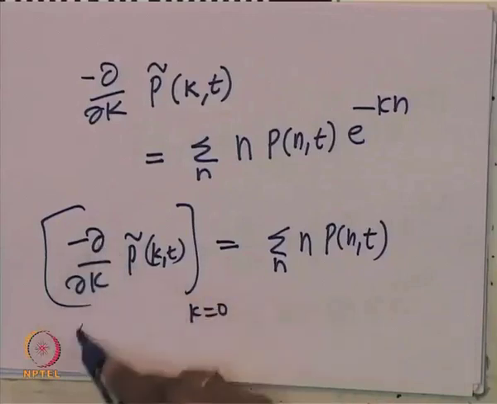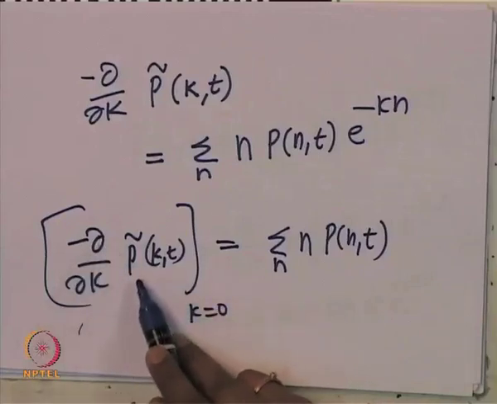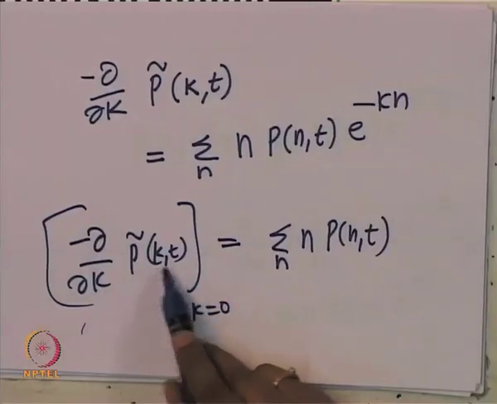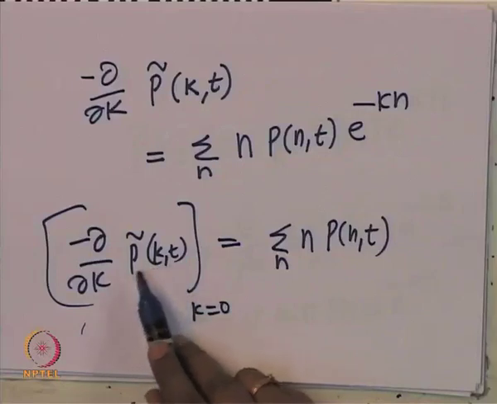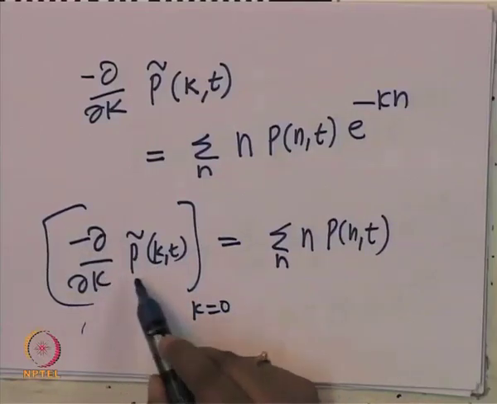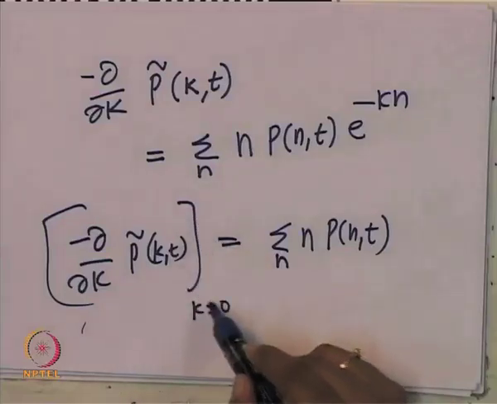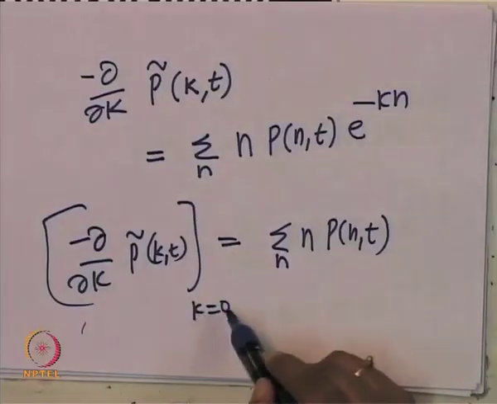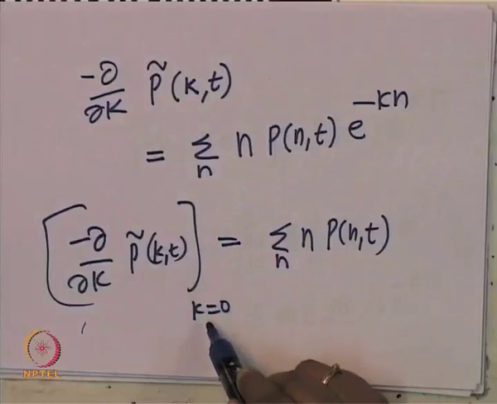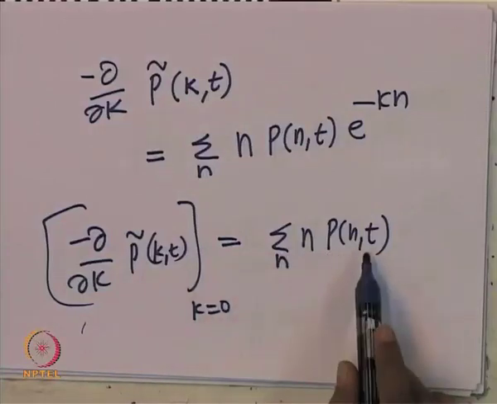So, minus del by del k of the transformed version of the probability. If you find the derivative with respect to k of the transformed version of the probability and you calculate this at k equal to 0, what you get is sum over n p n t.